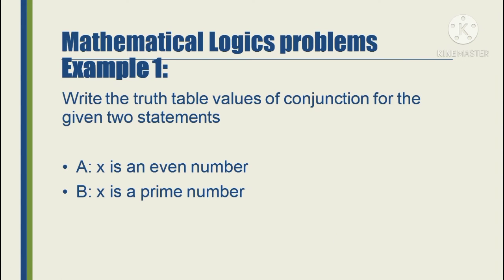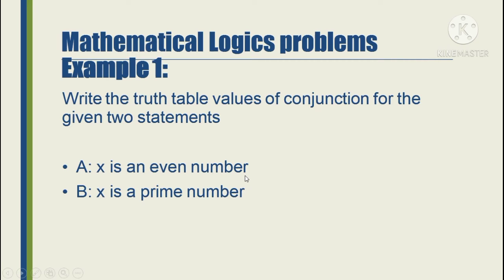Okay, so let us have some example of this truth table. Direction: write the truth table values of conjunction for the given two statements. So let A, X is an even number.